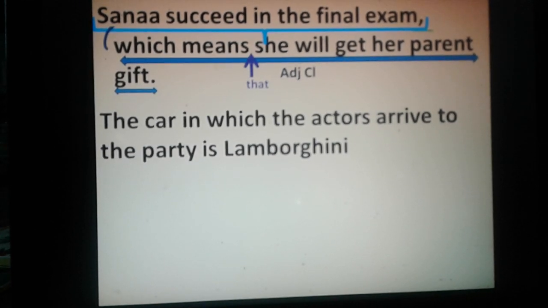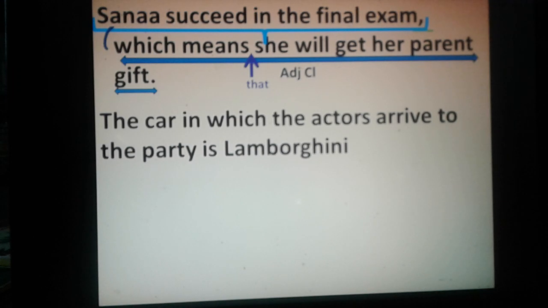The car in which the actors arrived at the party is a Lamborghini. Here is another kind of adjective clause. It's not another type, but another kind, because in this kind we use prepositions before the conjunction or the relative pronoun. In which, we have "in which." In this situation we use which.